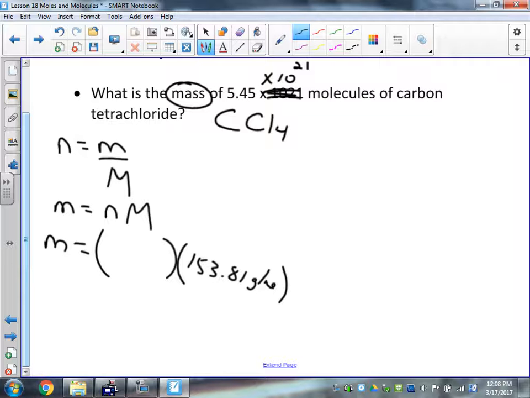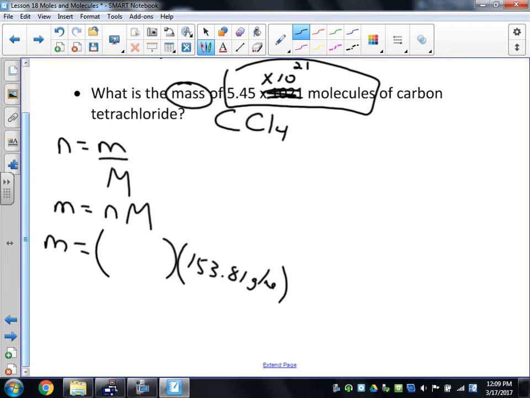I guess I better find n. How am I going to find n? Well, obviously I need to use this piece of information right here. Now, that says molecules. That is not n. Think about this for a second. If you took this number here and put it here, 5.45 times 10 to the 21 times 153, what's your answer going to be?